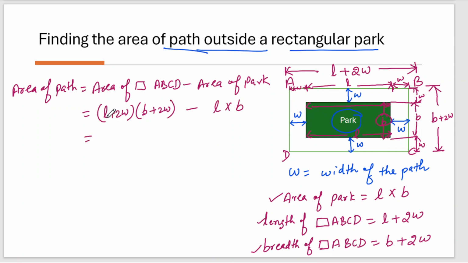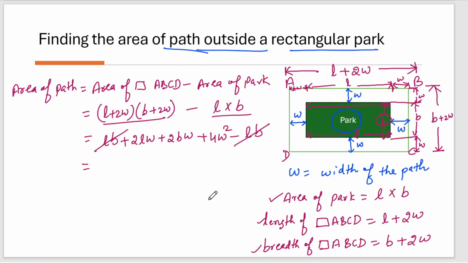Now, let me first solve this. This is LB plus 2LW plus 2BW plus 4W square minus LB. Okay. So now you can see plus LB and minus LB will get cancelled out.